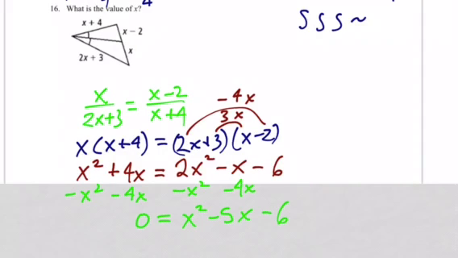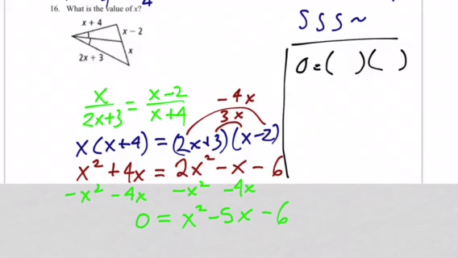This will factor, however. People do tend to have trouble with this particular combination of values. You have to be careful because 2 and 3 can be put together to make 5, but so can 1 and 6. You got to pay attention to the fact that it's a negative 6 here. So we need a positive and negative number rather than two negative numbers.